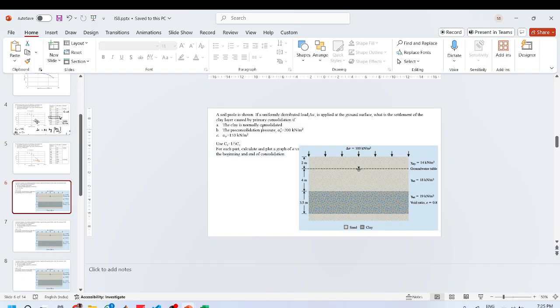Now we can go to the next question. A soil profile is shown. If a uniformly distributed load delta sigma is applied at the ground surface, what is the settlement of the clay layer caused by the primary consolidation if the clay is normally consolidated? See, this is a very good question.